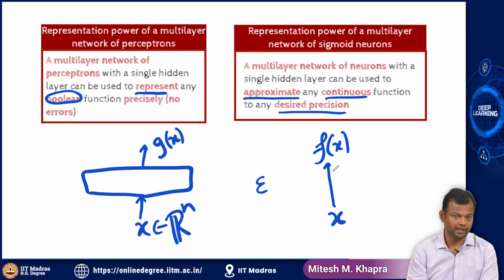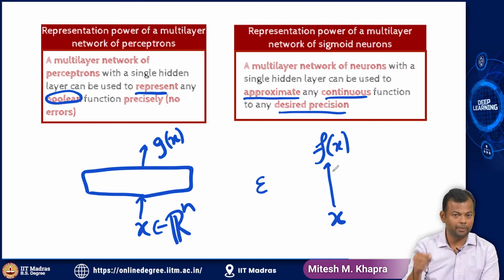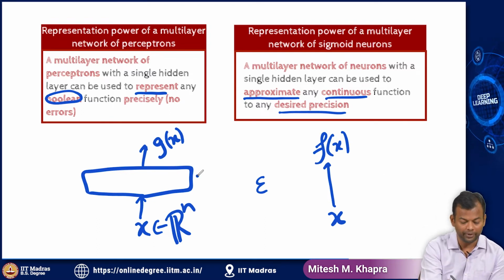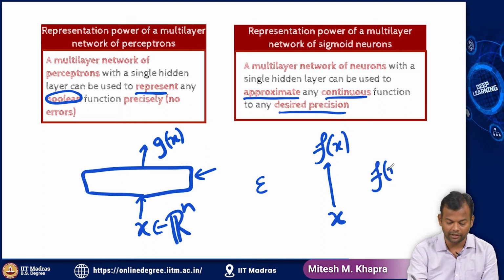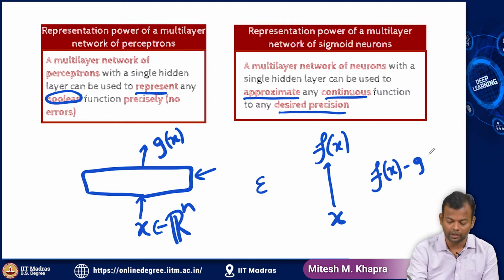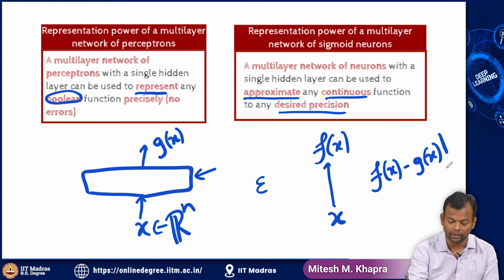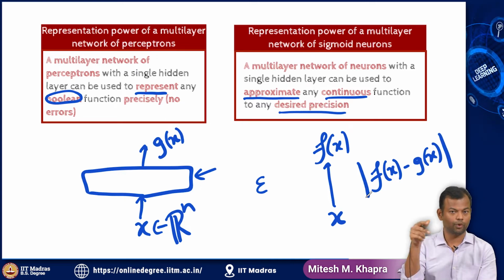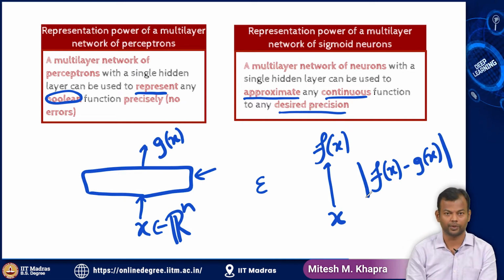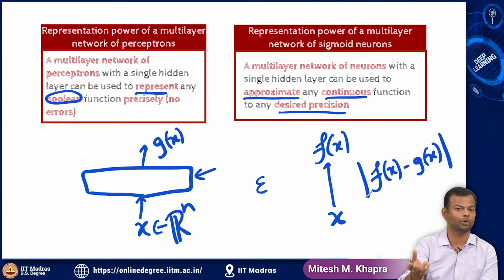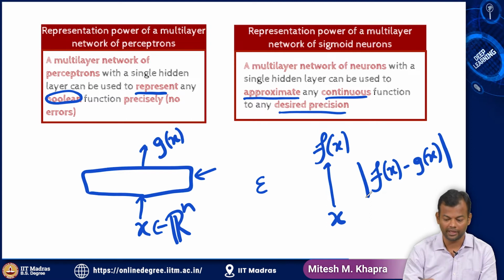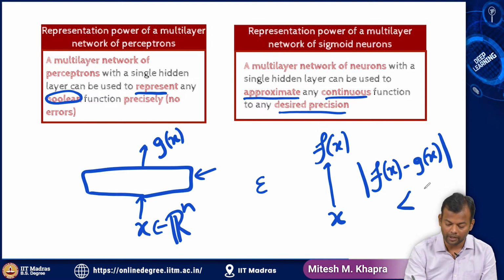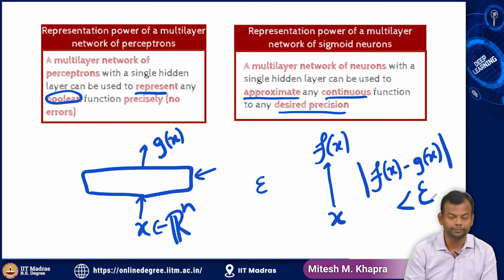What this statement is saying is that I can come up with a network such that the difference between the true output and the network output, this is how I'm quantifying the difference, I'm just taking the difference between these two values. If these are real numbers, I'm just talking about the absolute difference between those two real numbers, would be less than epsilon.